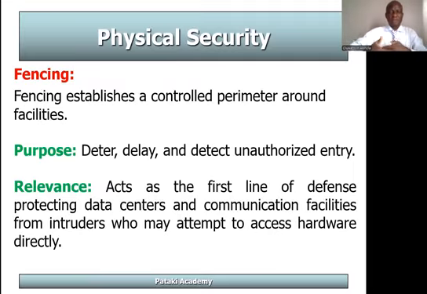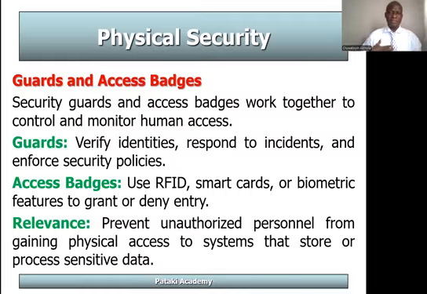Guards and access badges. Security guards and access badges work together to control and monitor human access. The security guard will verify identity, respond to incidents, and enforce security policy. Access badges use RFID, smart cards, or biometric features to grant or deny entry.